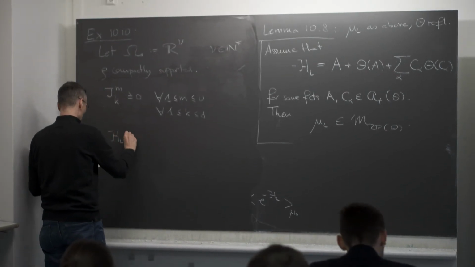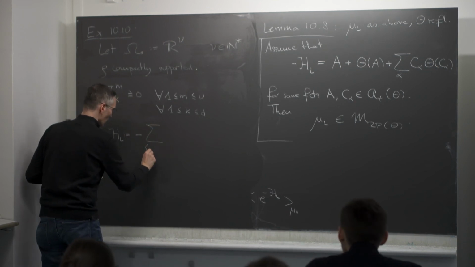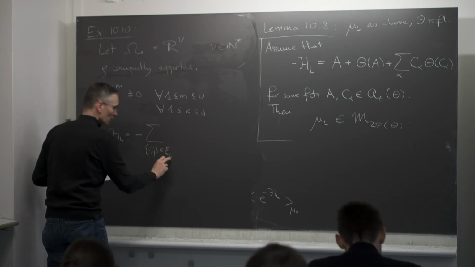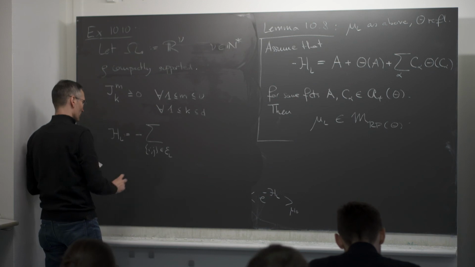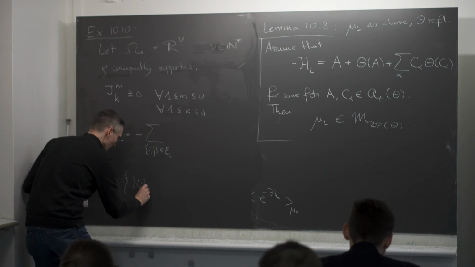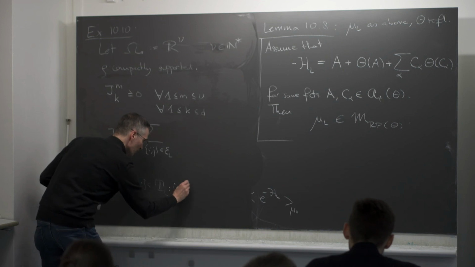H_L will be minus the sum over all neighbors in the torus. I've never said that, so E_L will be the edges in the torus. Maybe I can write it. E_L is the set of all {i,j} subset of the torus such that i and j are neighbors.